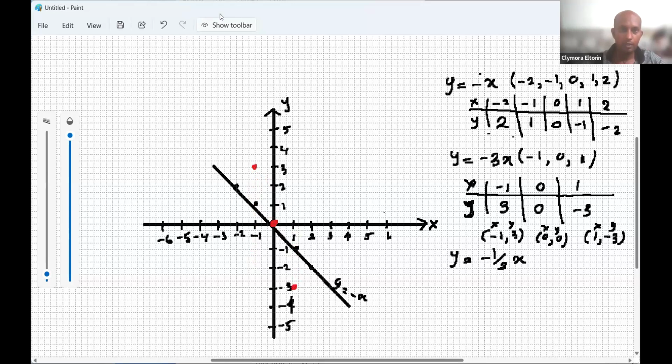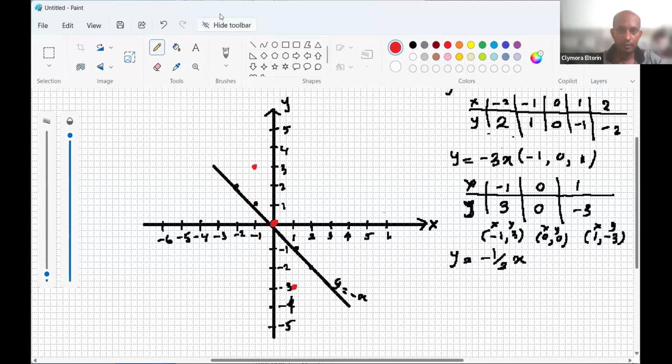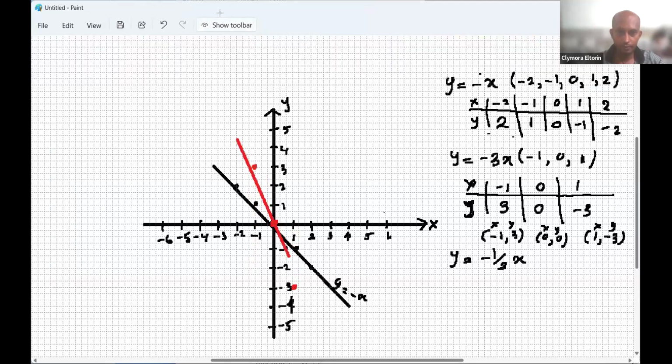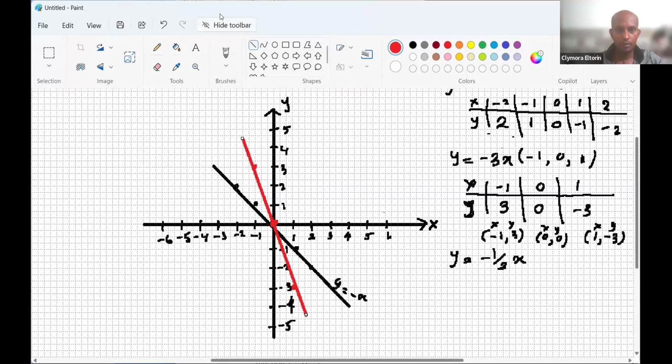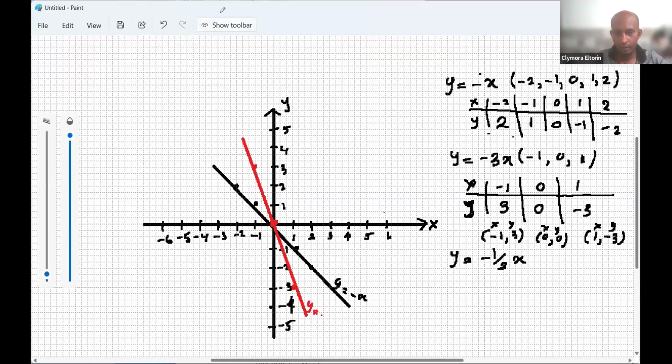Okay. Let's put it over here. Okay. This is a graph. So right in here, y equals minus 3x.